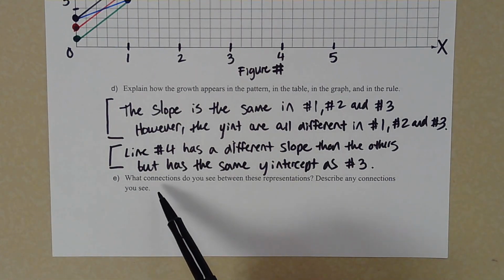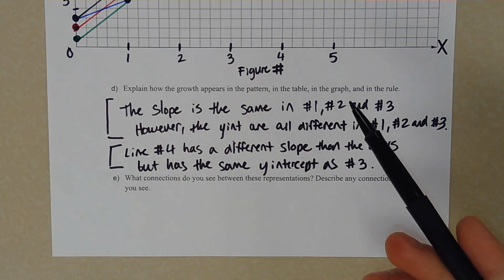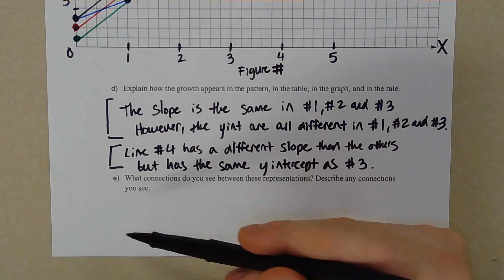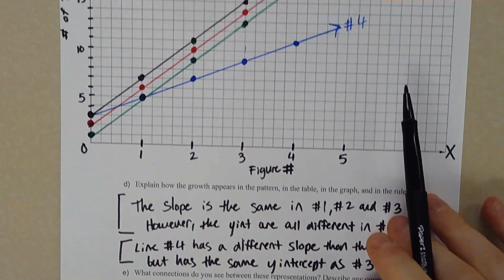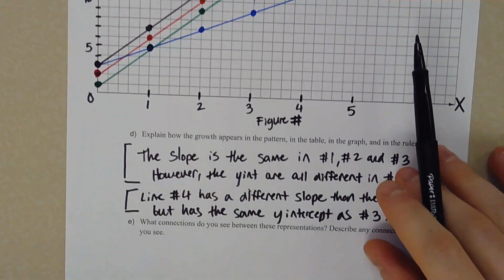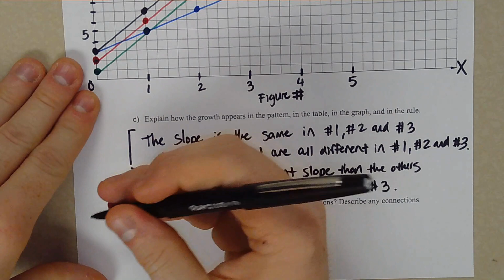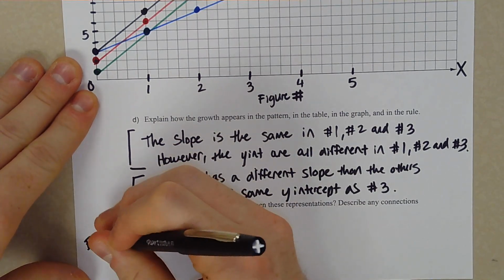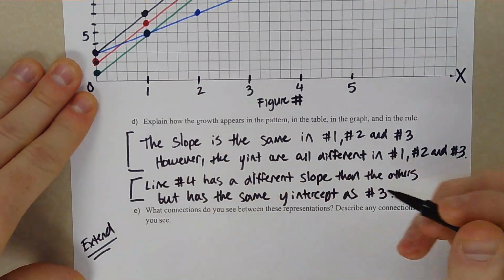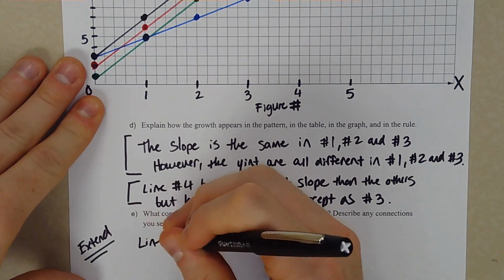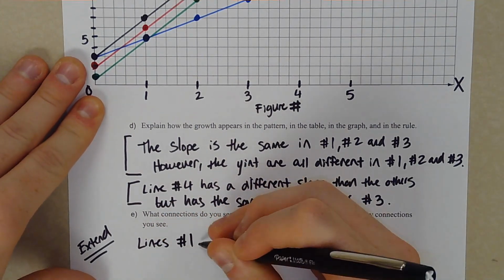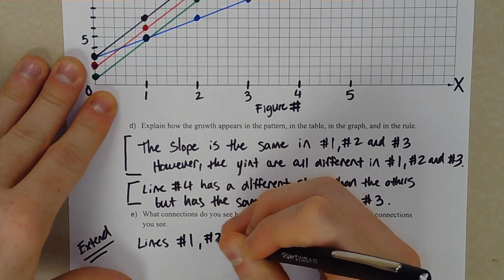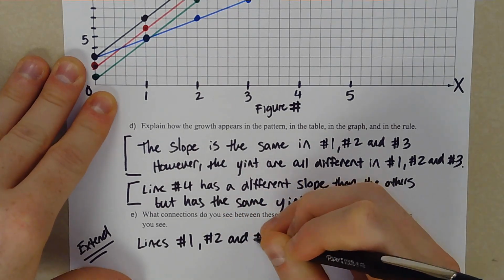And for part E, guys, this is just more observations and connections to what we see here. Maybe I'll just extend this a little bit further, so we can say extend lines number 1, 2, and 3.